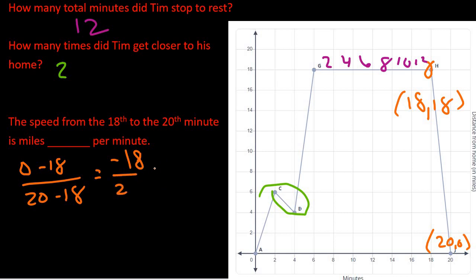And speed is always positive, so remember that at the end here, this little special case because of the context. So it's going to be 9 as our answer. So he's going to go 9 miles per minute. And I mean, that should be over here, say 9 miles per minute. So there's a little typo there.